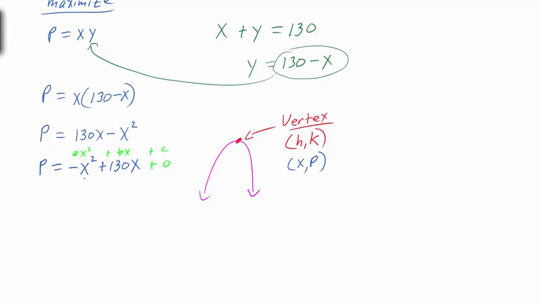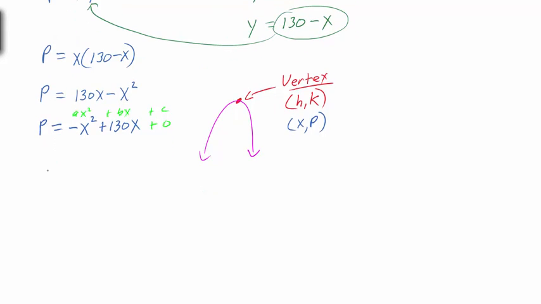Now, if you remember, I gave you a formula before that we can easily find the vertex. And that formula is, if we're looking for h, which in this case would also be the x value, then h is negative b divided by 2a.